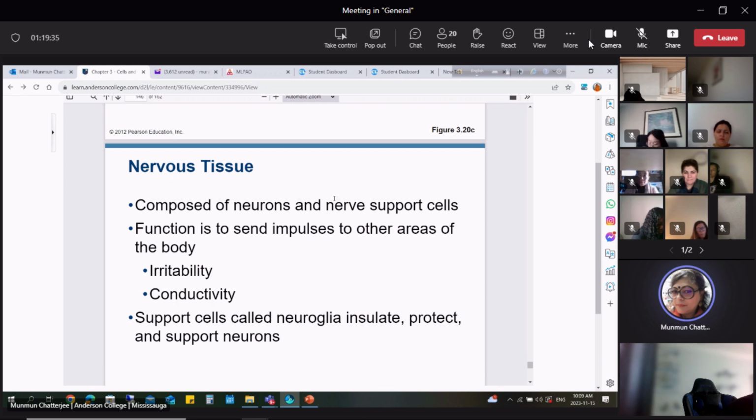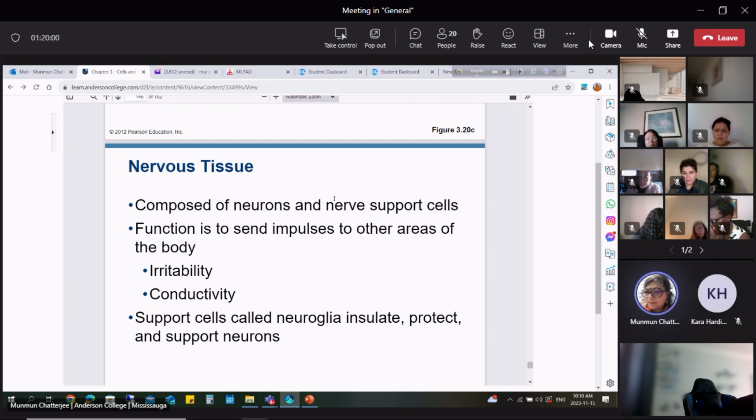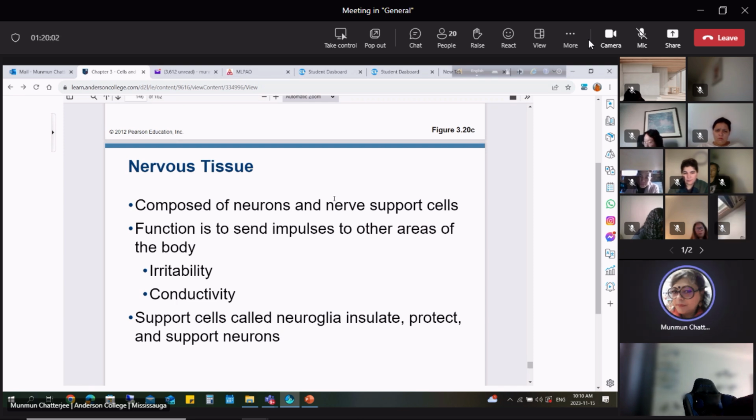What are their functions? Irritability and conductivity. Why is the nervous tissue called irritable? It's not irritation like being itchy or other things. But when you get some kind of external or internal stimulus, they respond. They like to send the specific information and pass that information to the brain.